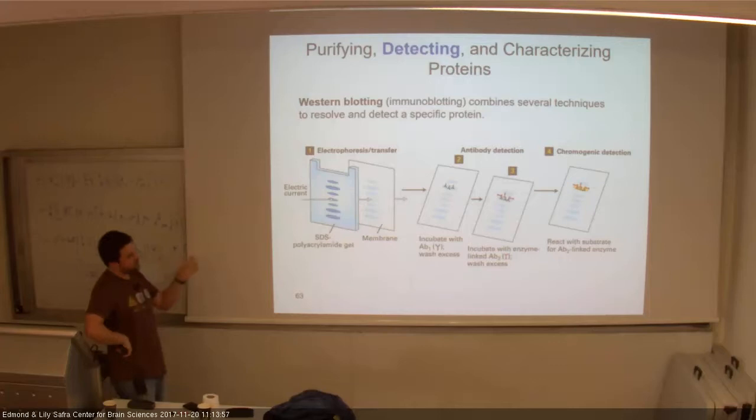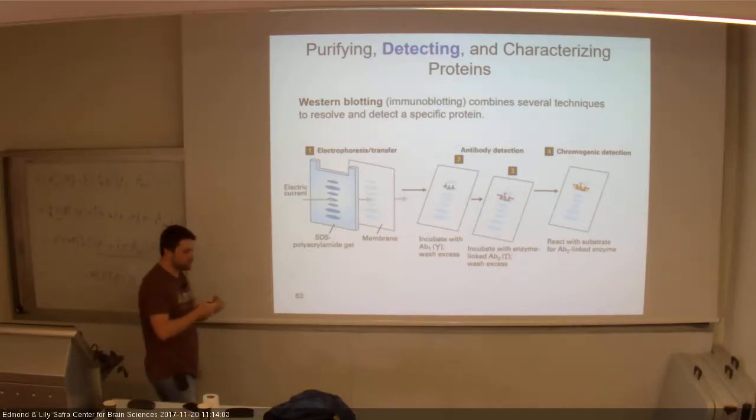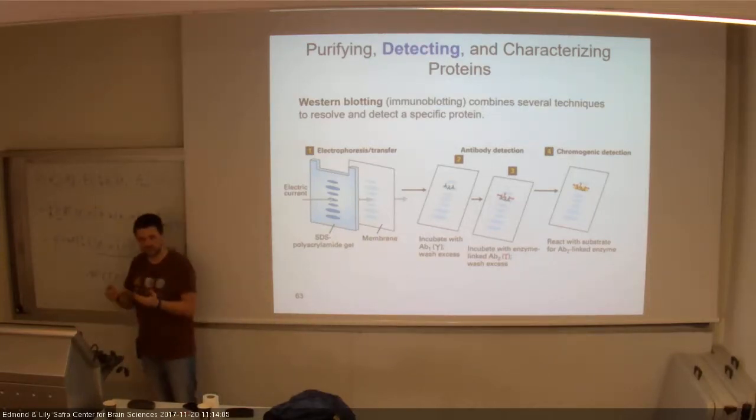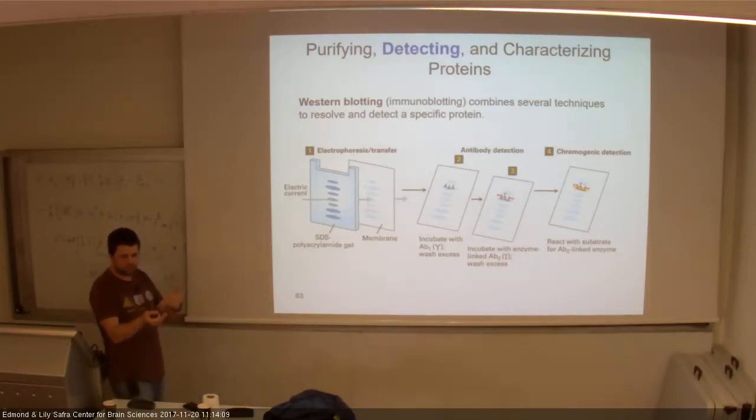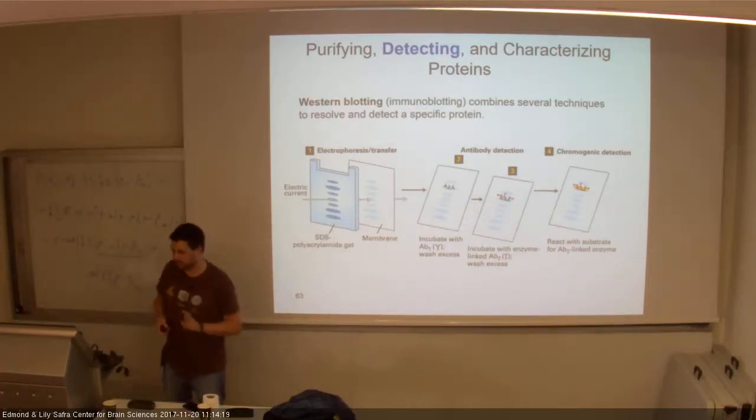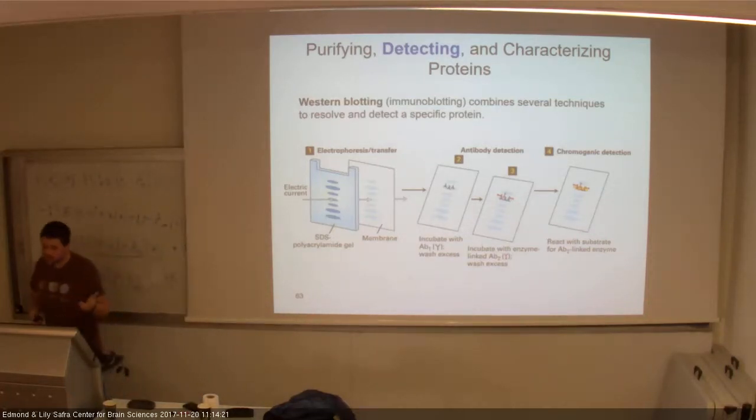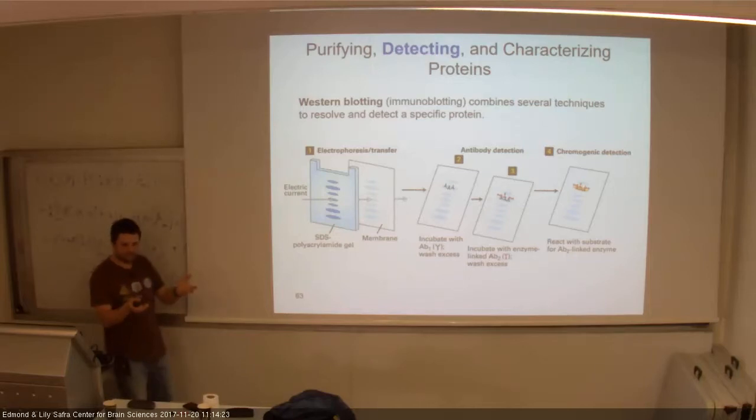So I said before that it's not the best way to quantify. When you talk about quantification, you need to talk about sensitivity. If you have twice as much protein, then you'll probably be able to see it because it's proportional. But if you have 10% more, this is not a reliable method to check it, because sometimes you can have 5 antibodies binding, sometimes 4.